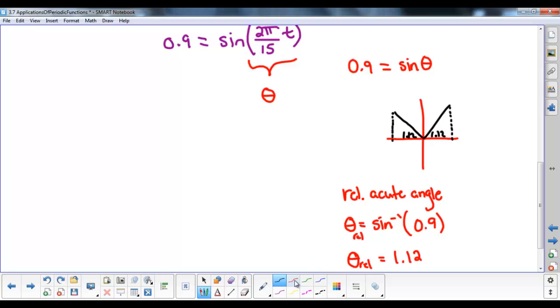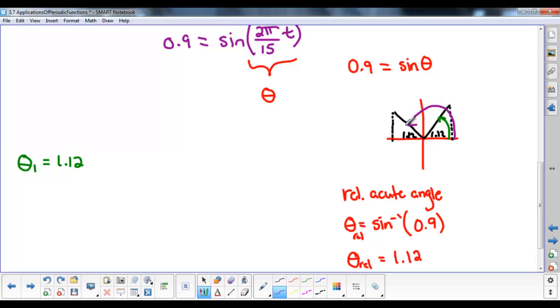So just like in the other day's homework, we have 2 possible answers. The first answer comes from starting in standard position and rotating counterclockwise. So our first theta is 1.12.